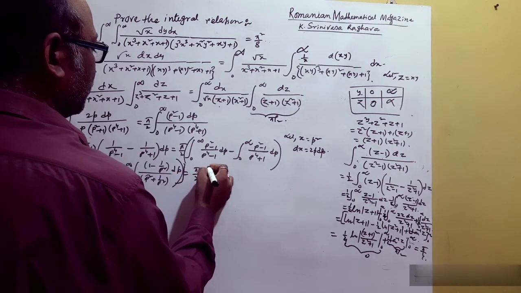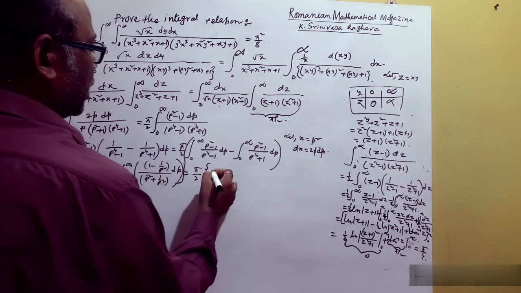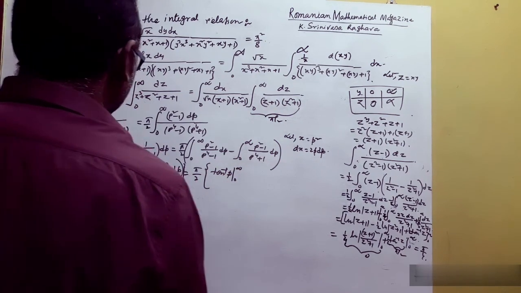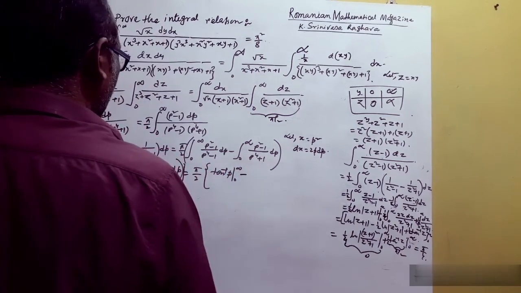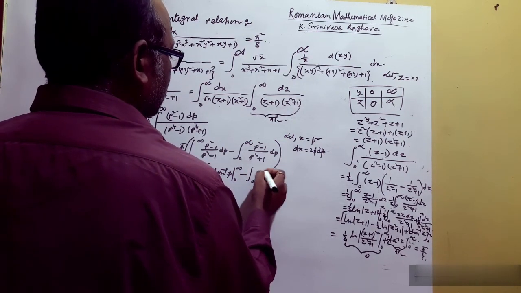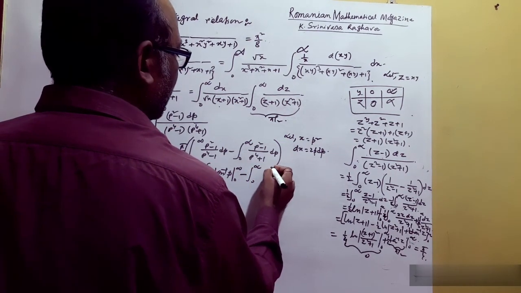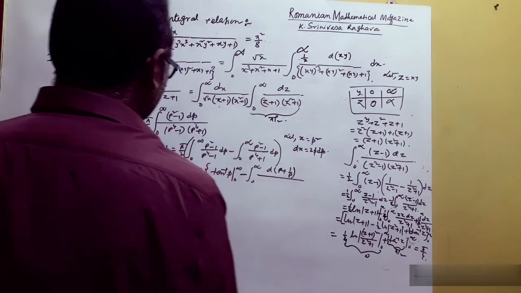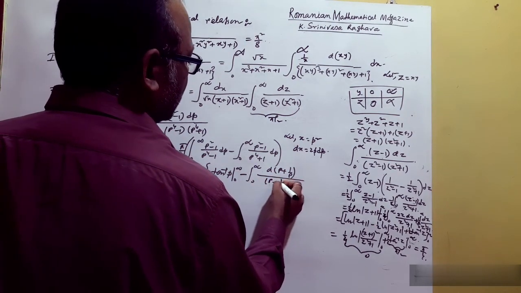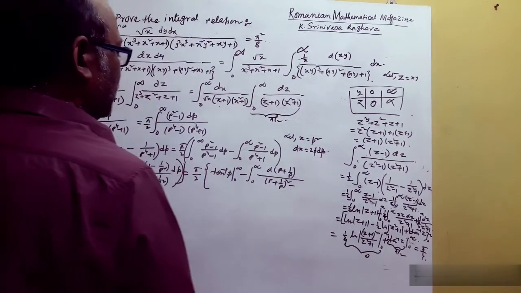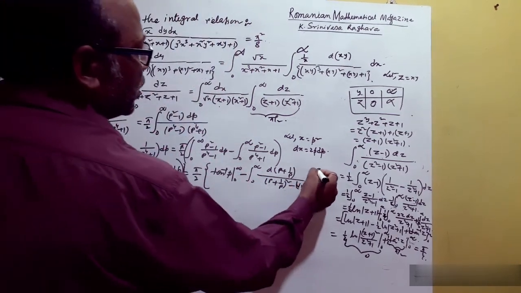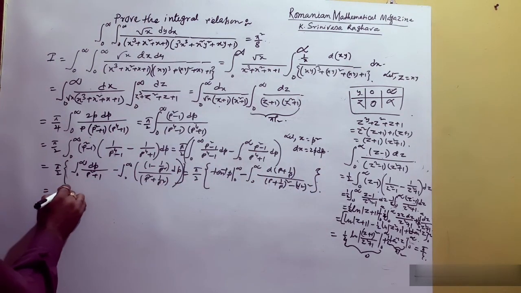This is tan inverse p, 0 to infinity, minus, 0 to infinity, and derivative of p plus 1 by p. Okay, so for that we want to write p plus 1 by p whole square minus 2. So you can write root 2 whole square within the second bracket. And this is equal to pi by 2.